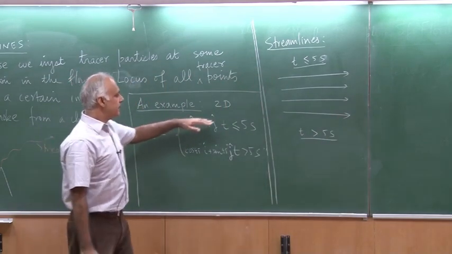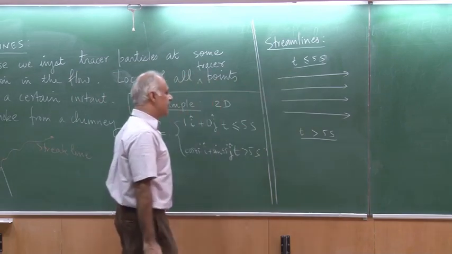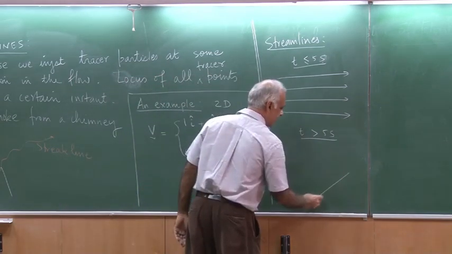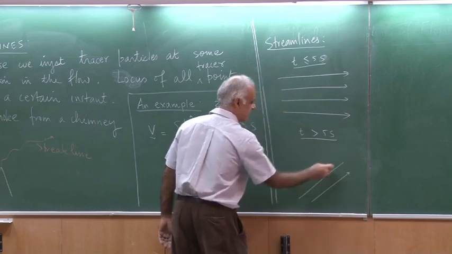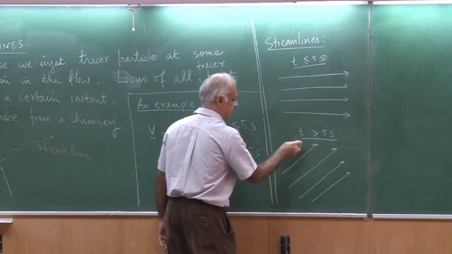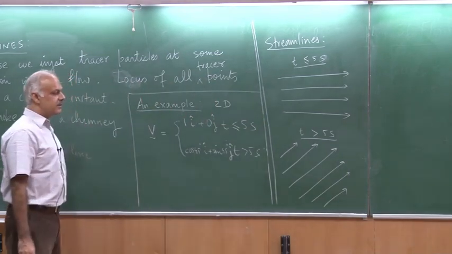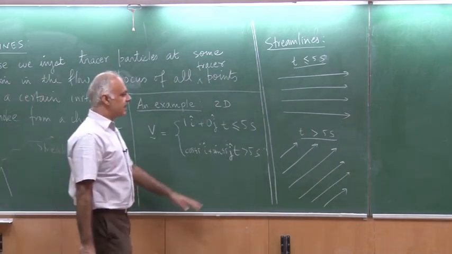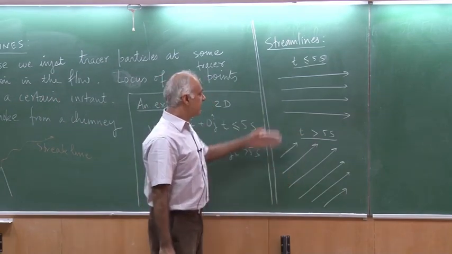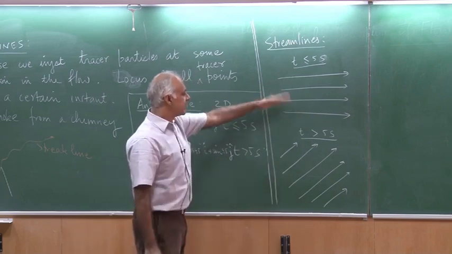Okay? Because tangents to these give me the direction of the velocity, as simple as that. For t greater than 5 seconds, I would have to draw these lines at 45 degree angles. So these are my streamlines for a larger time, and any time greater than 5 seconds, this is how it looks like. So you can see the streamlines go through an abrupt change at t equal to 5 seconds, they suddenly change direction.